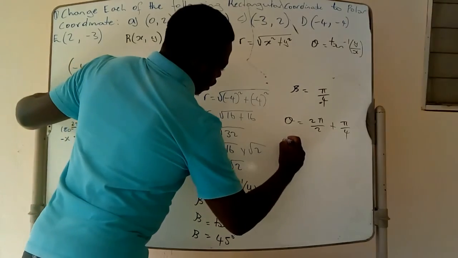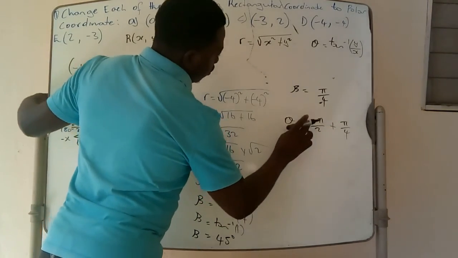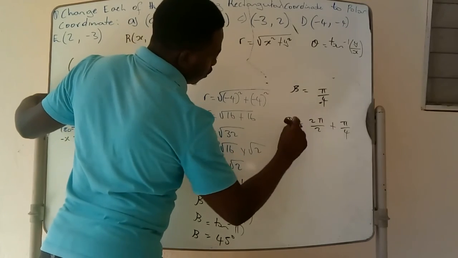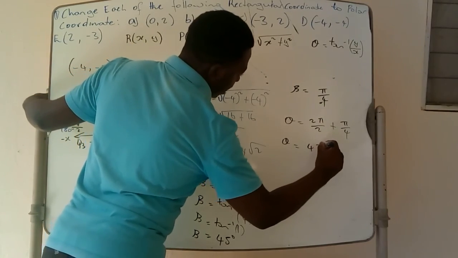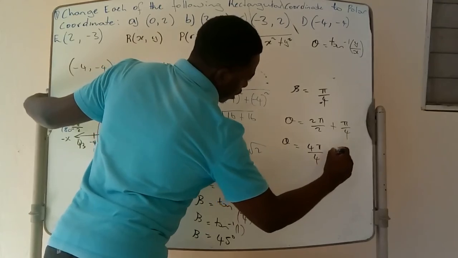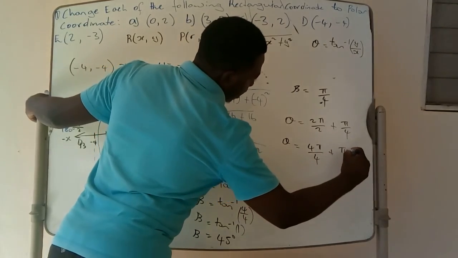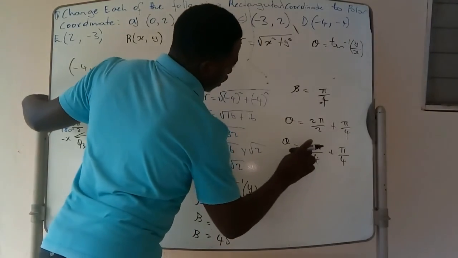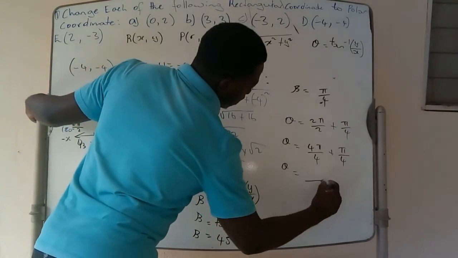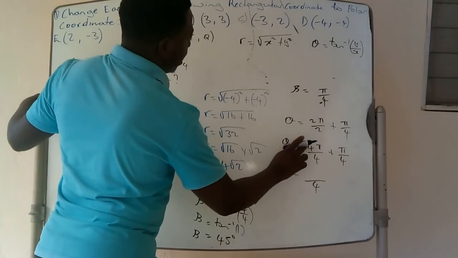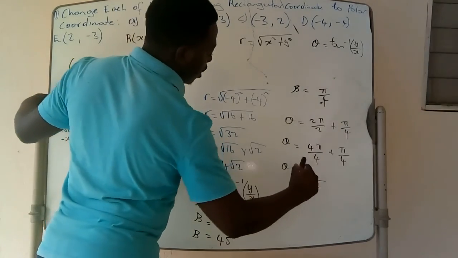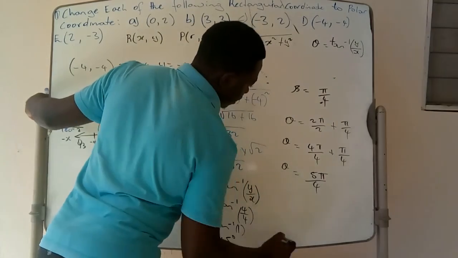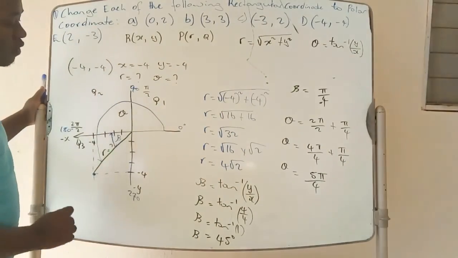So theta is equal to, multiply this by 2 over 2, because we want the denominator to be 4. So this is 4 pi over 4 plus pi over 4. Keep the denominator 4 and add the numerators: 4 pi plus 1 pi. That's just 5 pi over 4. So the angle is 5 pi over 4.